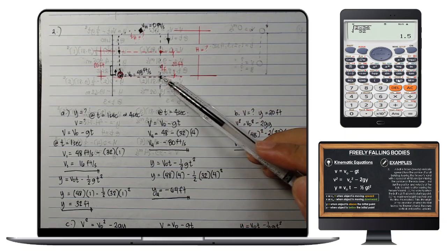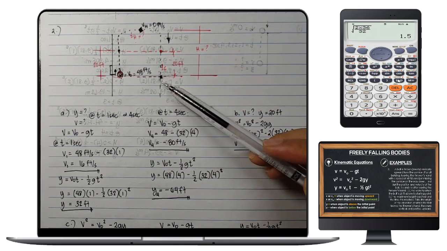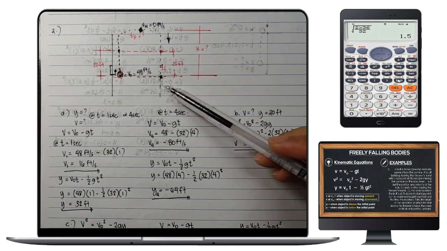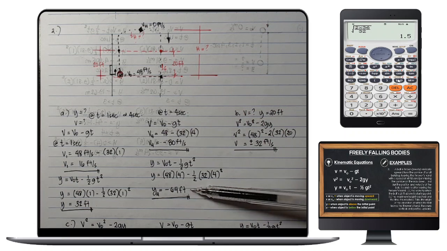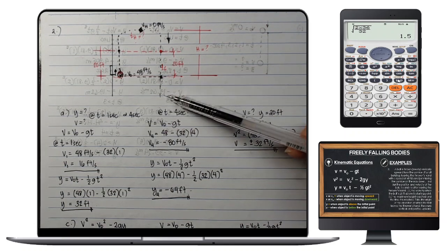That's why anytime after 3 seconds, yung value na ng ating y will be negative. Kasi surely, the ball will now be below the initial point. That's why after 4 seconds, yung ating ball is now at negative 64 feet. Nasa ilalim na siya.